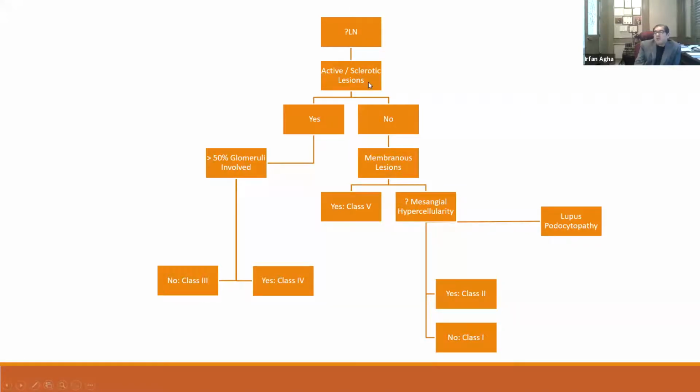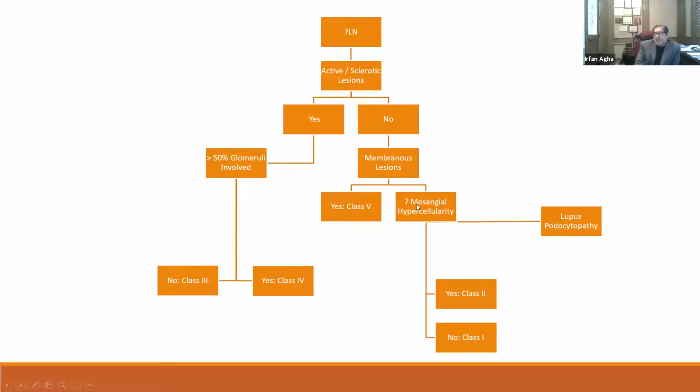But if we don't see active or sclerotic lesions, but we do see membranous lesions, so subepithelial deposits, subendothelial deposits, and mesangial deposits, then we are looking at class 5. On the other hand, if we are not looking at membranous lesions and we are looking at just mesangial hypercellularity, then we are looking at class 2. And if we don't even have mesangial hypercellularity, just mesangial deposits, we're looking at class 1.